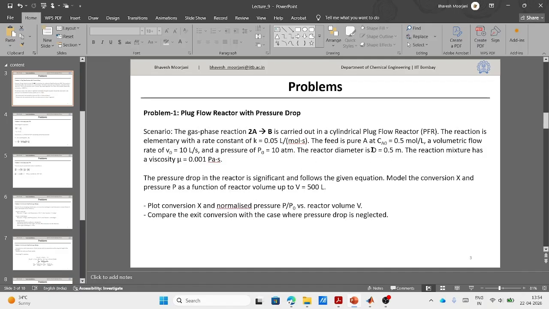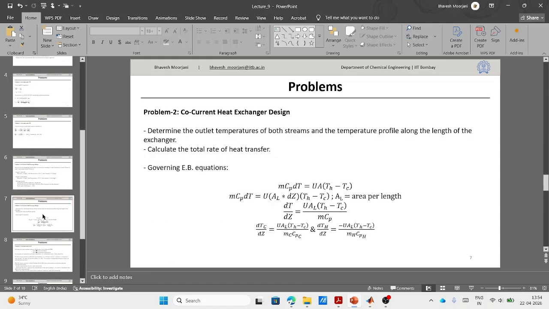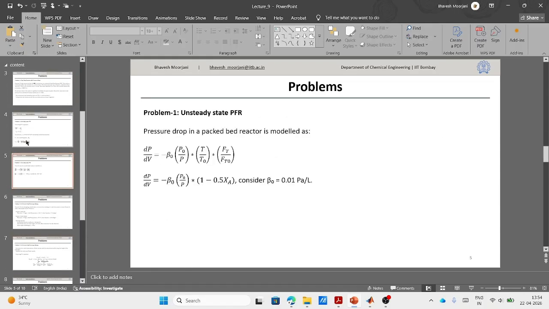You can consider volume as area into length, and instead of looking at the variation with respect to volume, you can convert it into length and look at the variation with length. Viscosity data, do we need it in our equation?